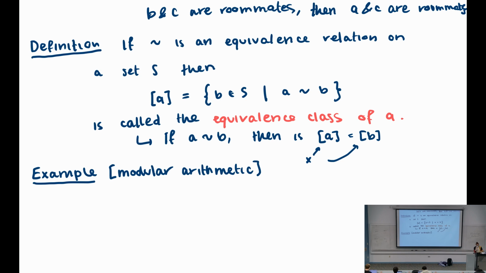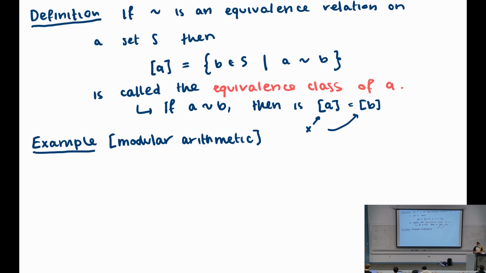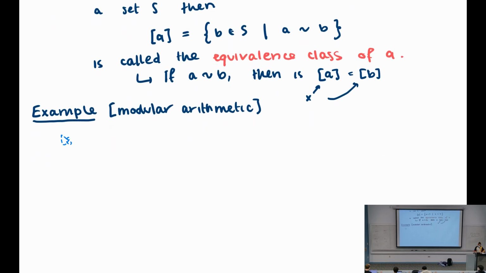Okay, so this example is going to be about modular arithmetic, so you can take what I'm about to say as a definition, or if you've seen it before, then that is also fine. So I'm going to let S be equal to the integers, and I'll let n be a positive integer.